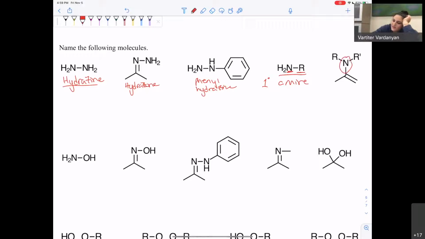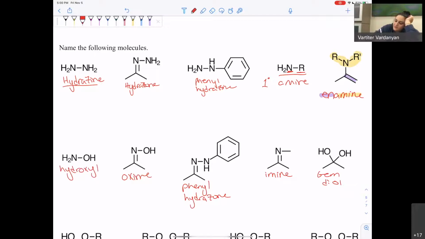This guy is a single bond to a nitrogen and a double bond here, so that is an enamine. If you're having trouble remembering that name, think of it as an ene-amine. Pew, mind blown. Okay, so this is a gem diol. This is an imine. This is a phenylhydrazone. This is an oxime. This is a hydroxylamine.